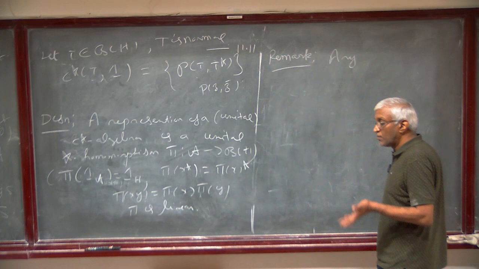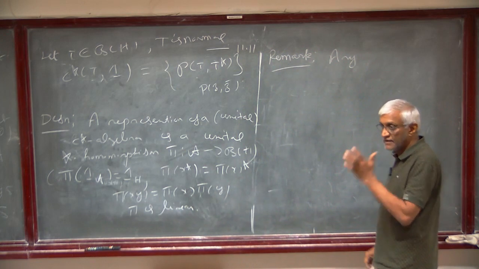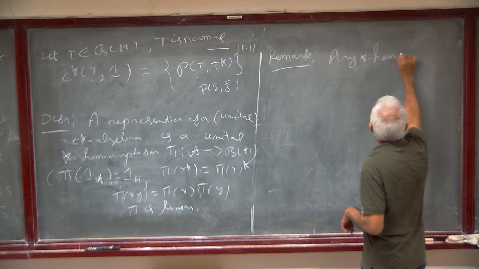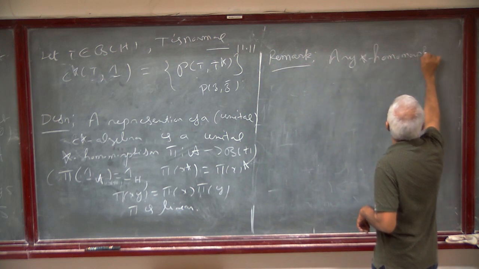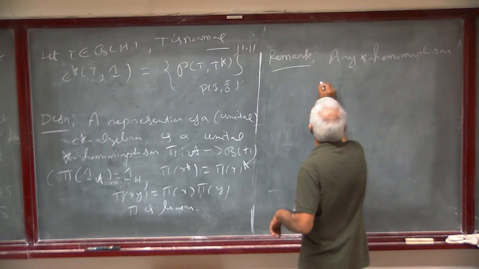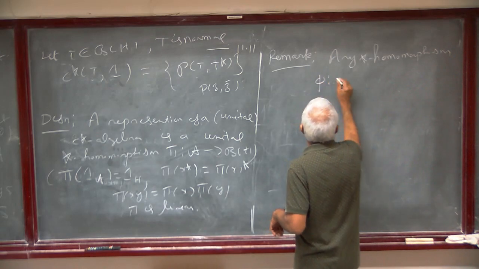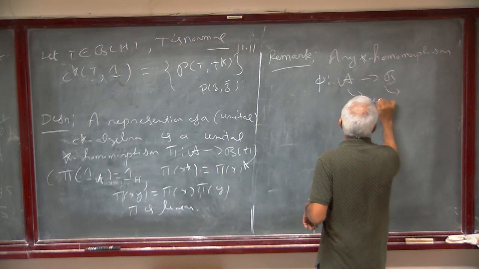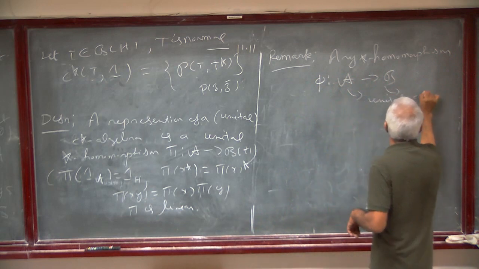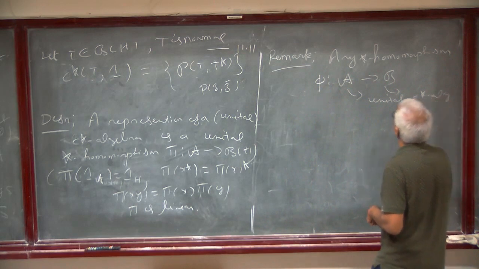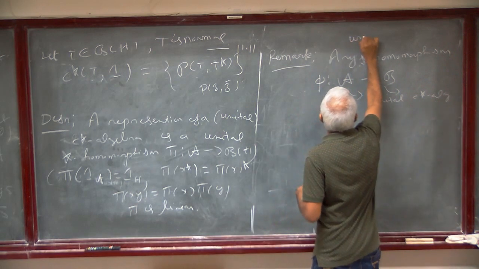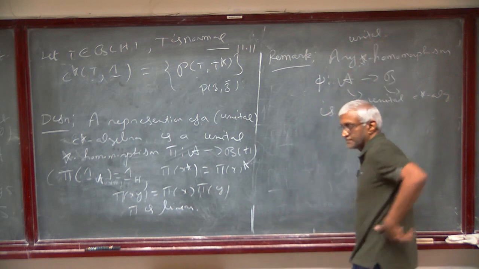In fact, any star homomorphism between C-star algebras contracts. Say from A to B, both are unital C-star algebras.